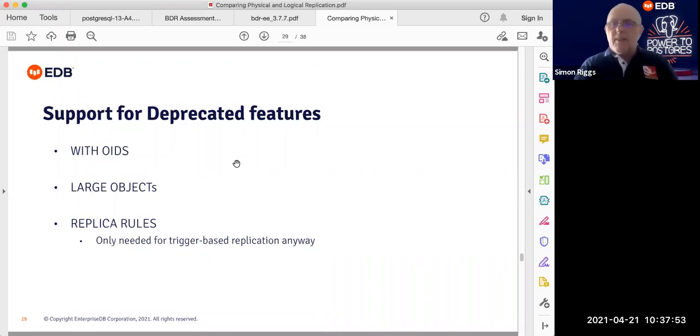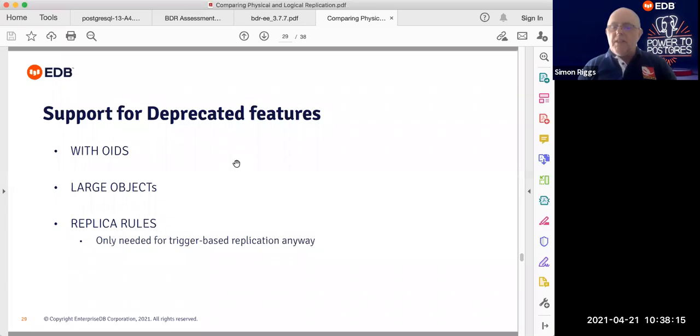So the questions are coming thick and fast now, so I'm trying to work my way through them before we get too far. So does BDR work with both community Postgres and EDB EPAS? Yes, is the answer. And then you're going to say, so which version and that kind of thing.